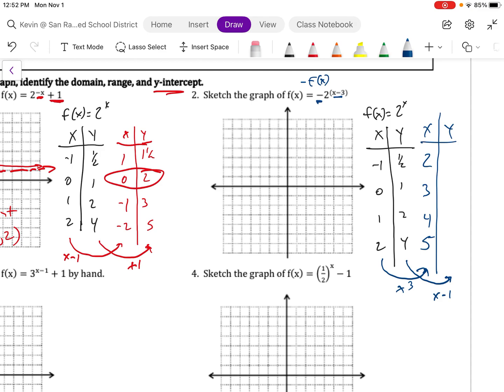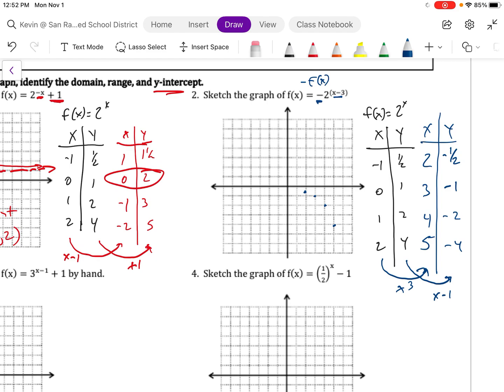So I have a 1/2 here. This is now -1/2, -1, -2, and -4. Come over here, go to 2 and -1/2, 3 and -1, 4 and -2, and 5 and -4, right here.